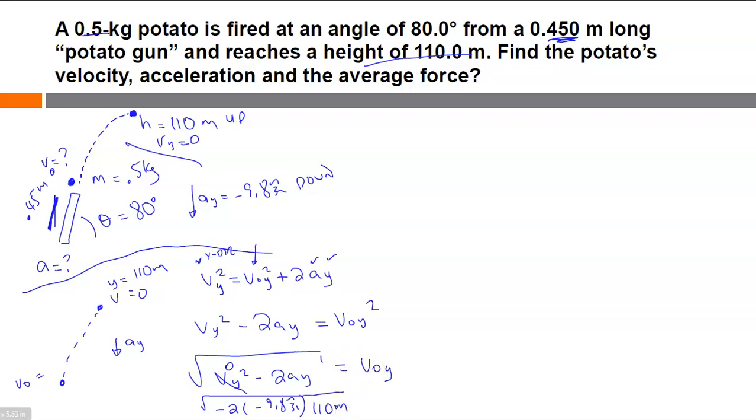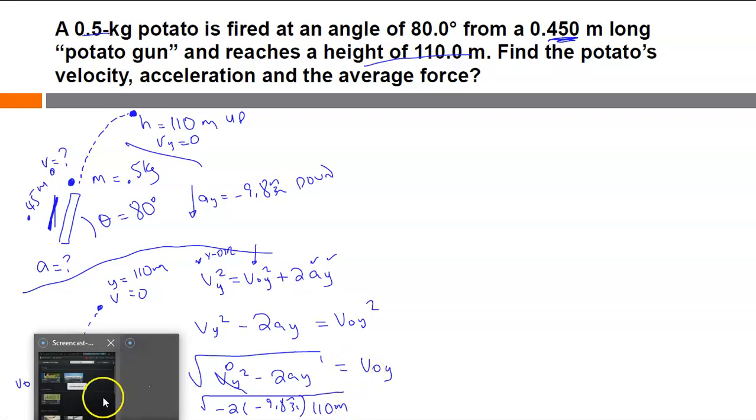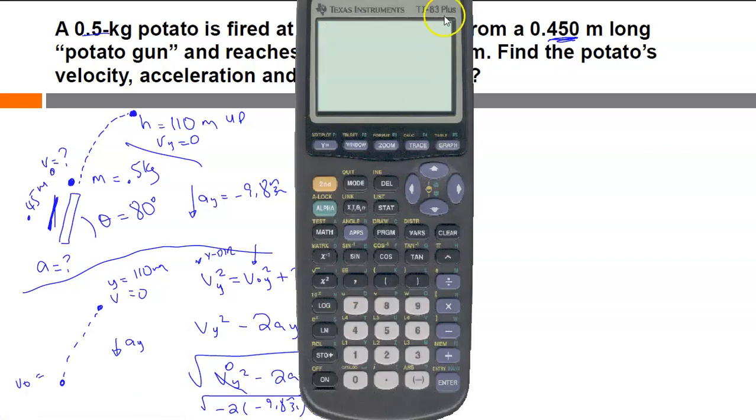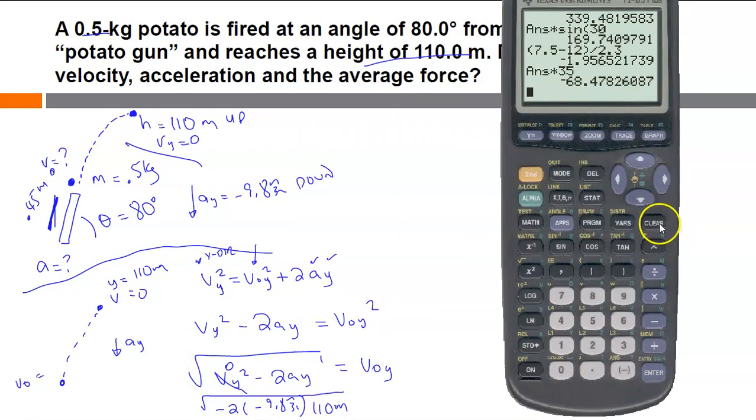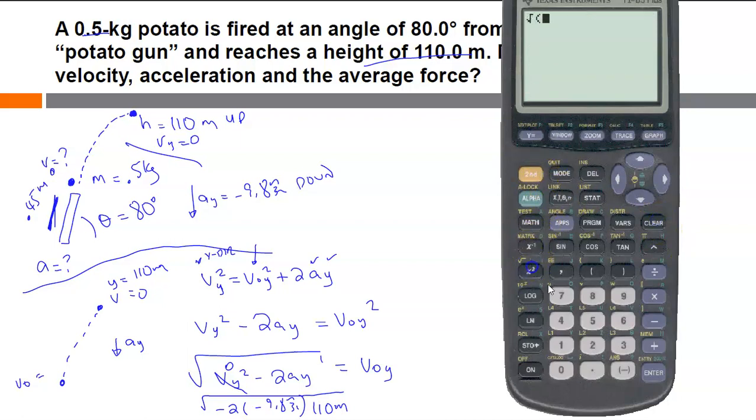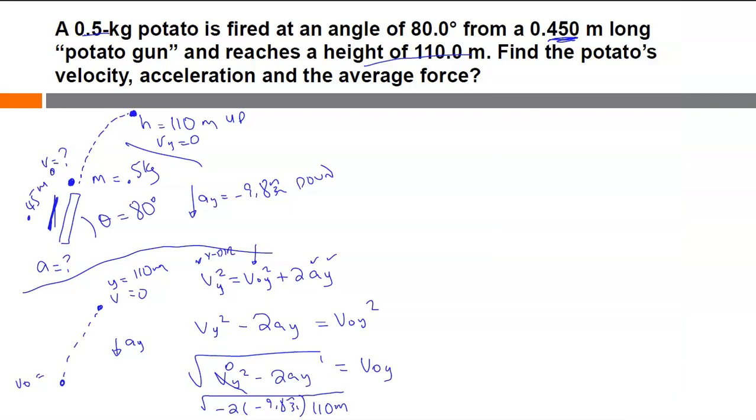That'll find me the speed that it popped out at. Let's see here what we got. Square root of negative 2 times negative 9.8 times 110 means that we're looking at 46.4 meters per second.